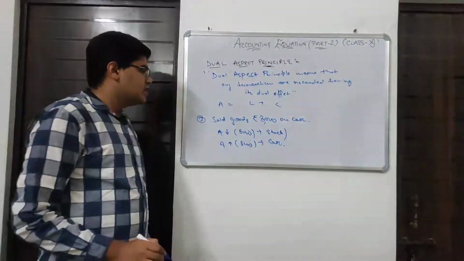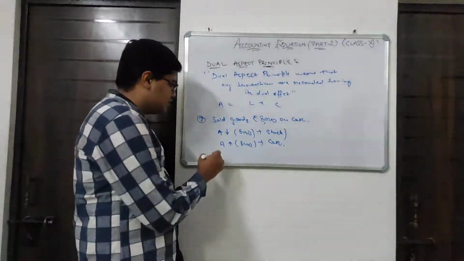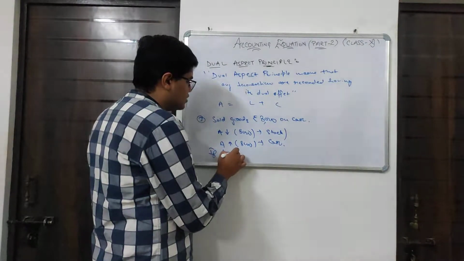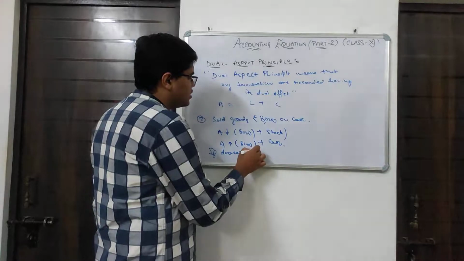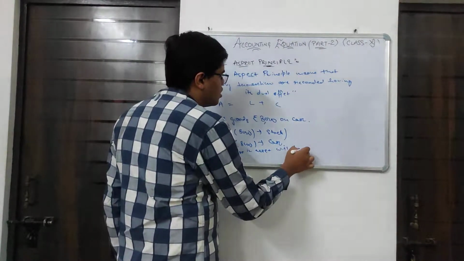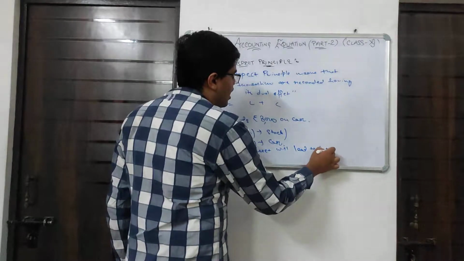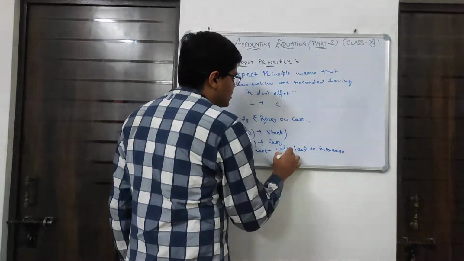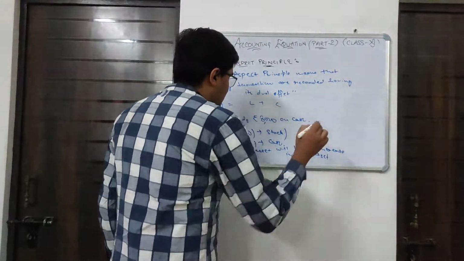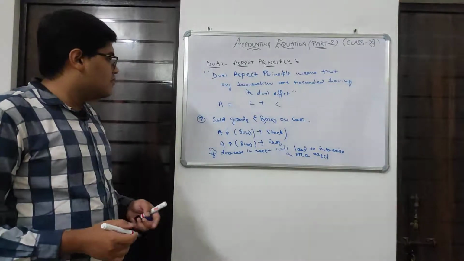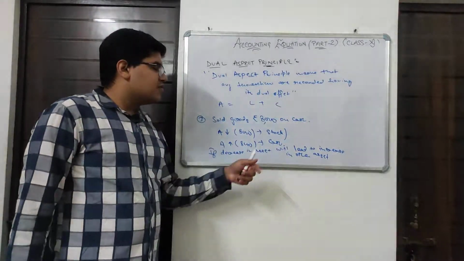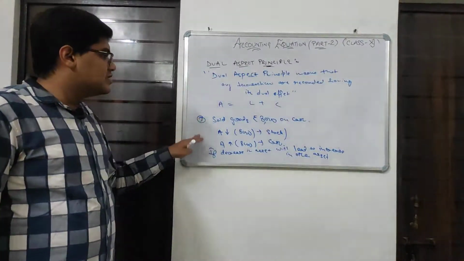As you can see, it has its dual effect, which means that a decrease in an asset will lead to an increase in another asset. This is just the reverse of the first transaction.